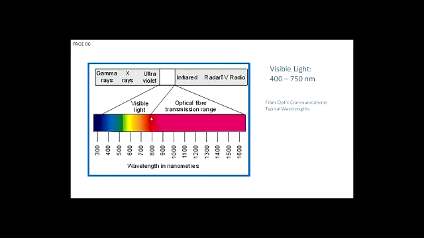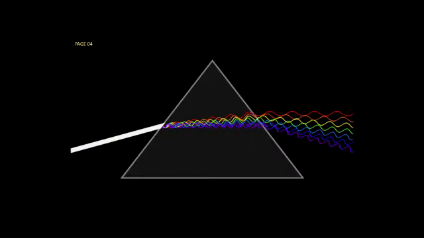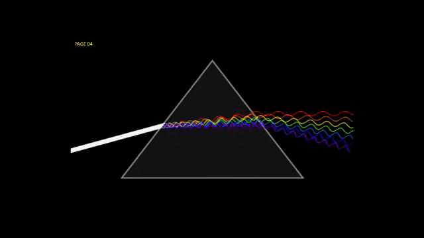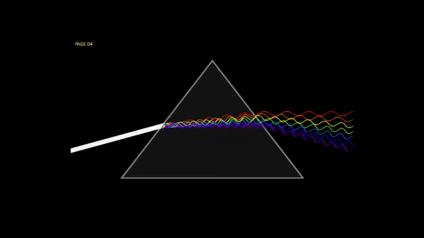And this is basically where the fiber optic links operate. That's where the fiber optic transmission is happening, in the lower frequencies or longer wavelengths. The reasoning behind that, we're going to come back to towards the end of this presentation.